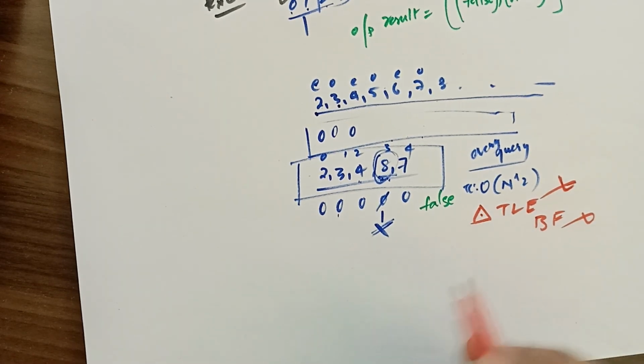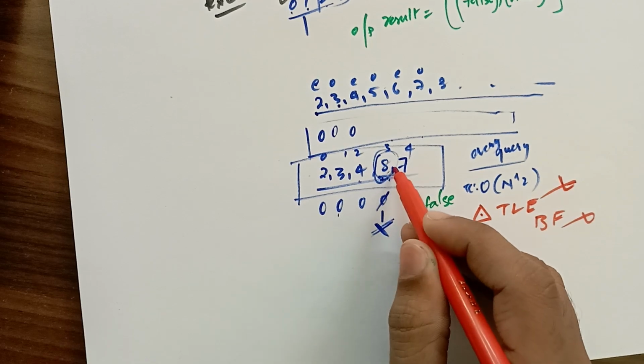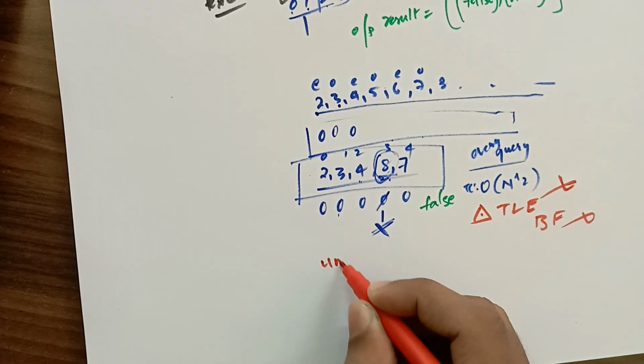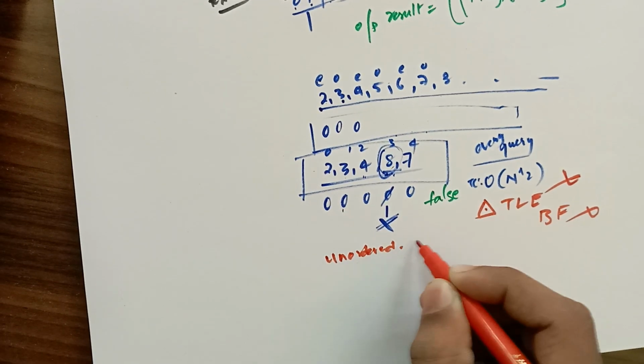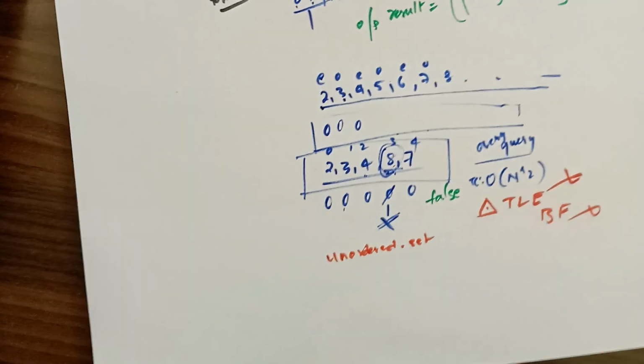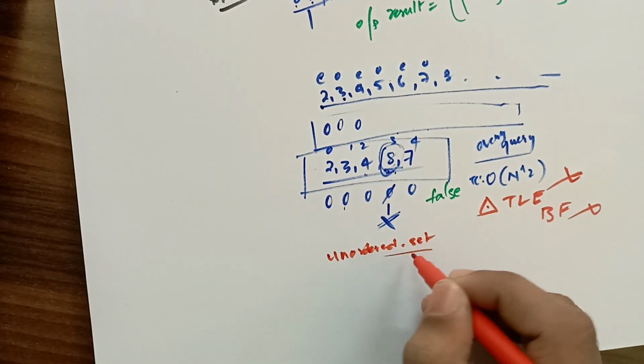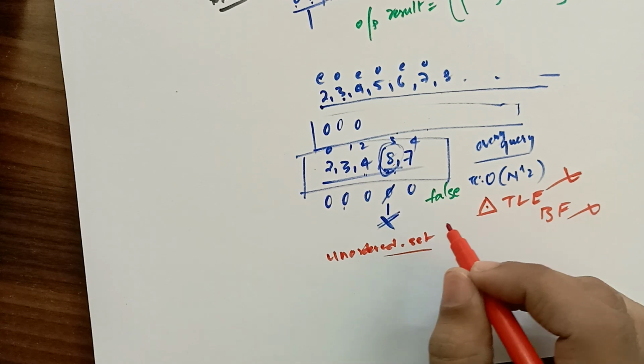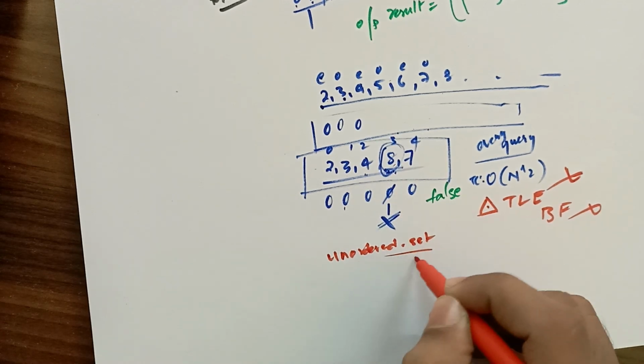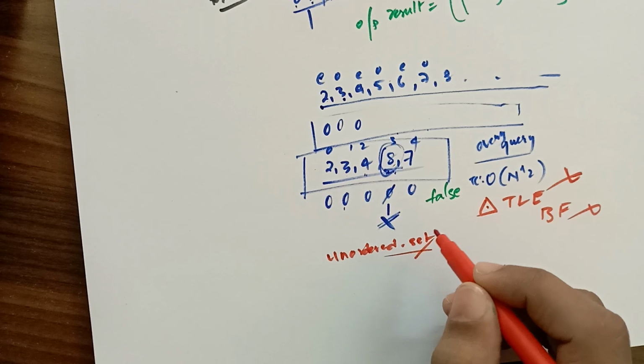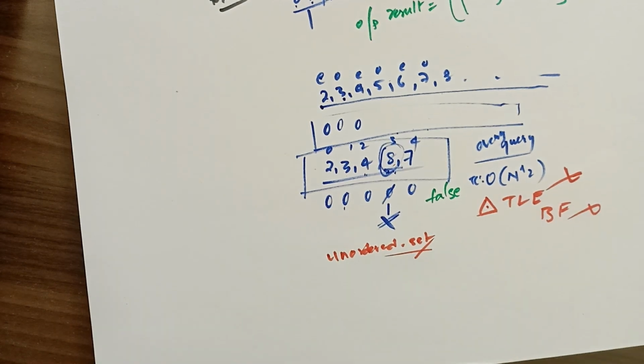And if you also store these bad indices in an unordered set and for every query search for the index in this unordered set, it will also take the same time. So we'll be going for prefix sum. But how?